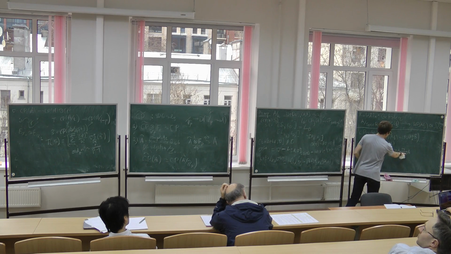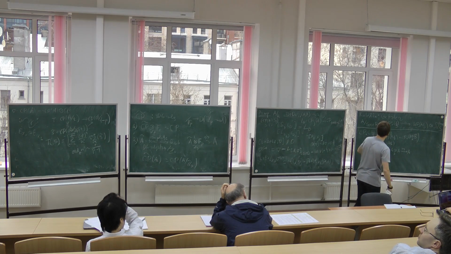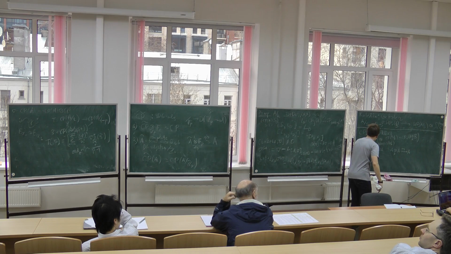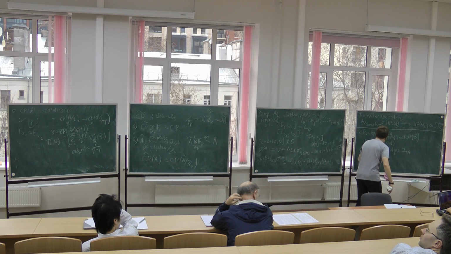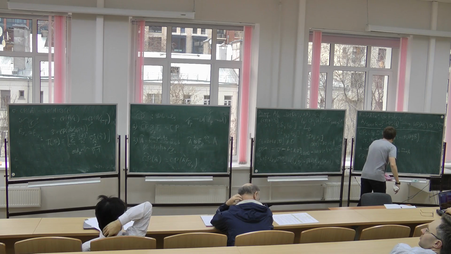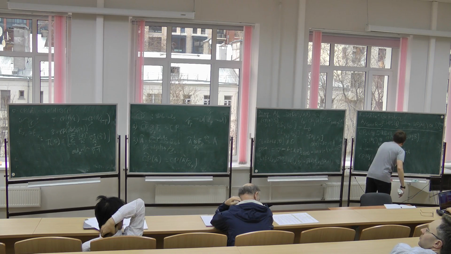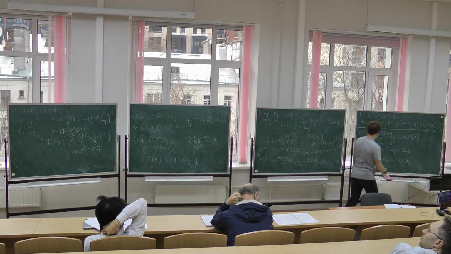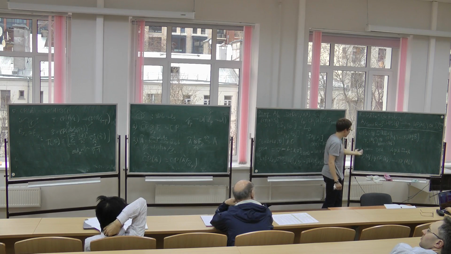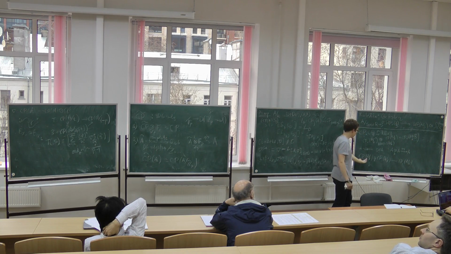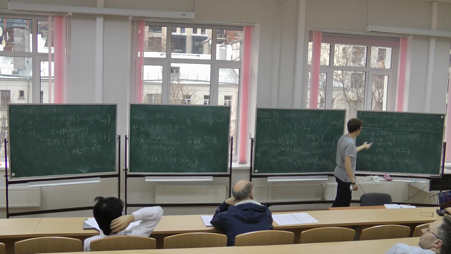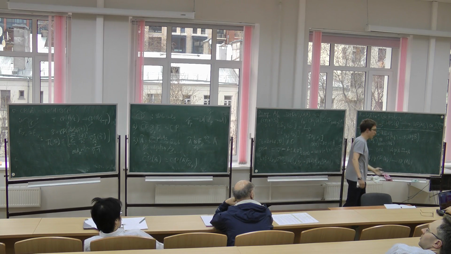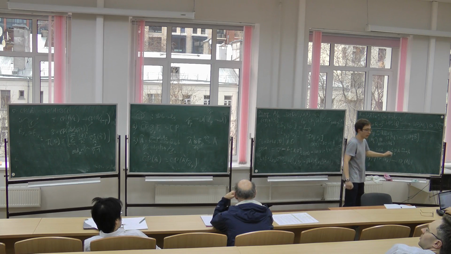It's a map of algebras only if A is commutative. So I can compose it with a unit element. So for any commutative algebra, CP is not only a complex of vector spaces, it's also an algebra. It's crucial here that A is commutative.